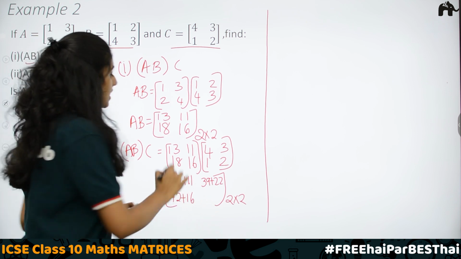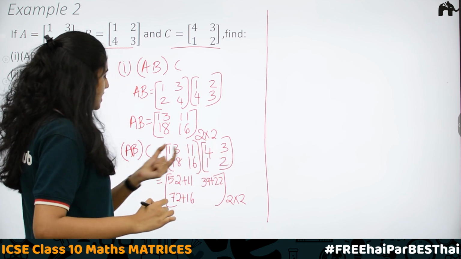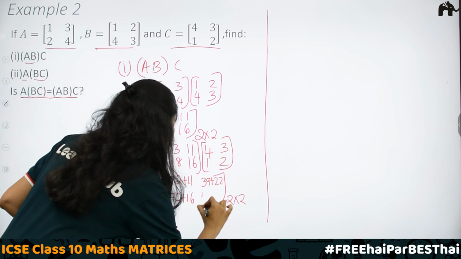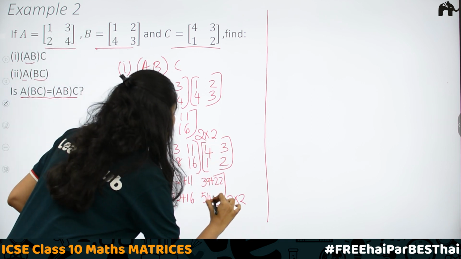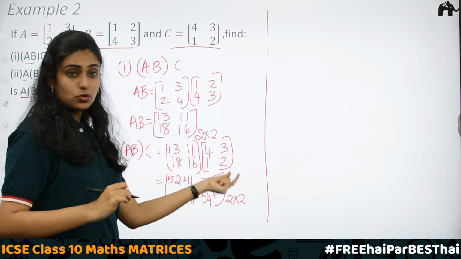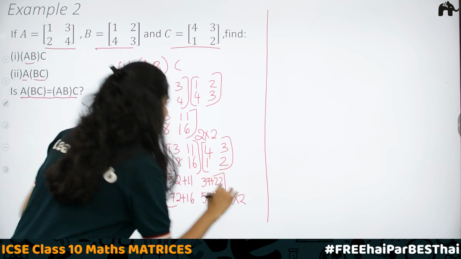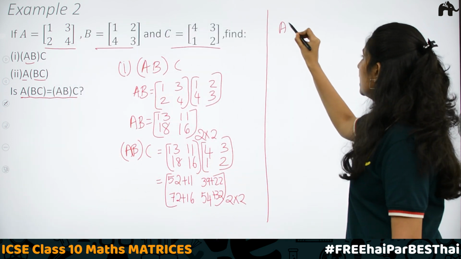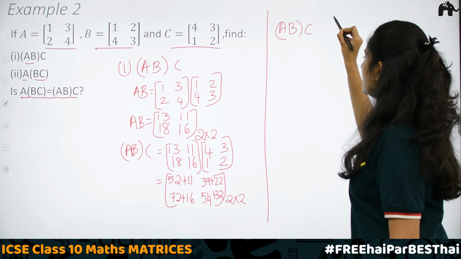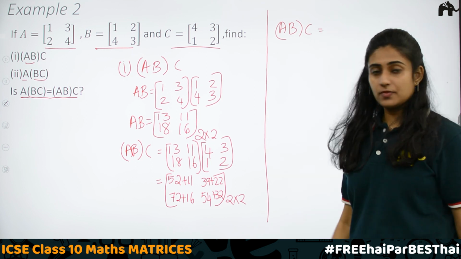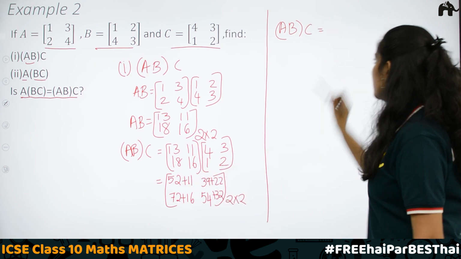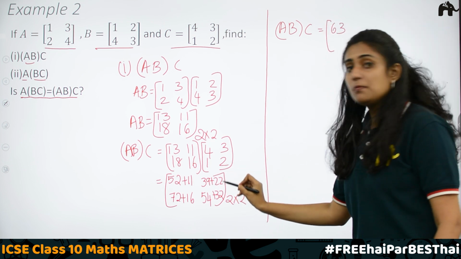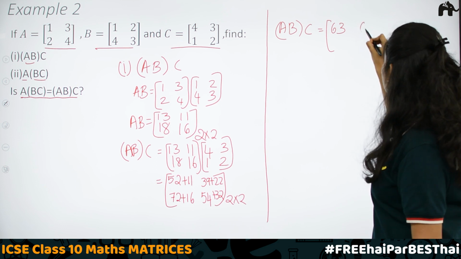Next element, second row, second column. 18 into 3, that is 54 plus 16 into 2, 32. Adding this, we will be getting the elements of AB into C. AB into C is equal to 52 plus 11, that is 63. 39 plus 22, which is 61.